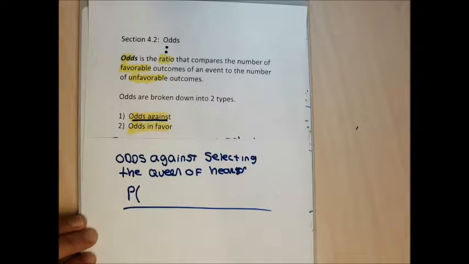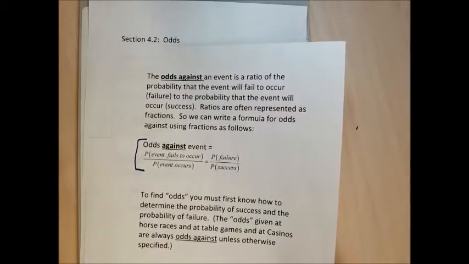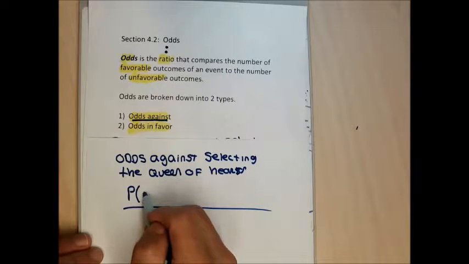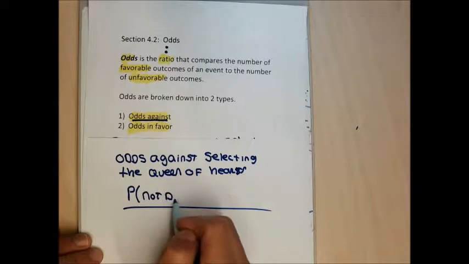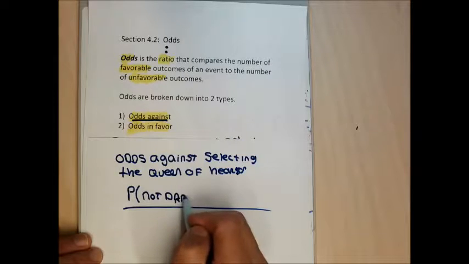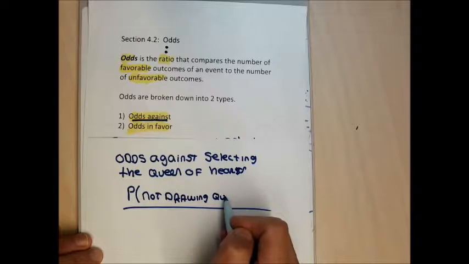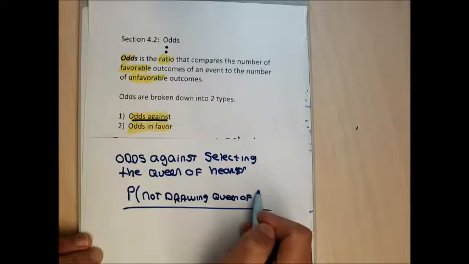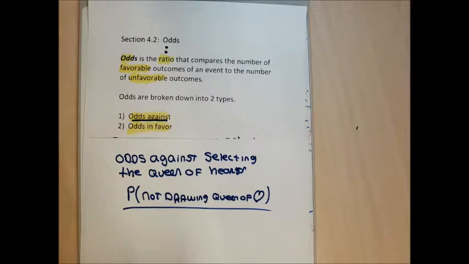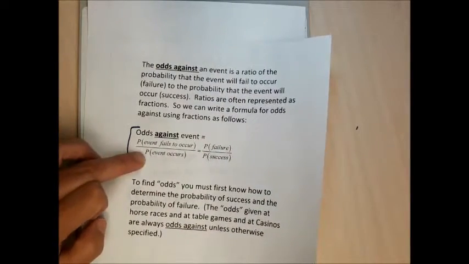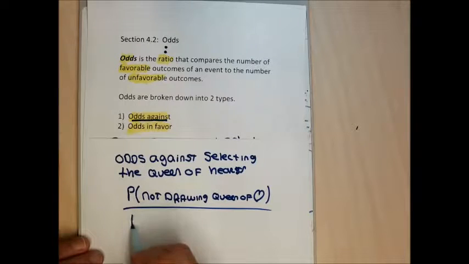The numerator needs to be the event that the event fails to occur. That means that I don't get a Queen of Hearts. So the probability of not drawing a Queen of Hearts is the event failing to occur, and then the probability of the event occurring is the probability of drawing the Queen of Hearts or selecting the Queen of Hearts.